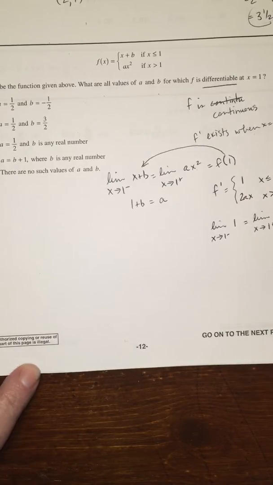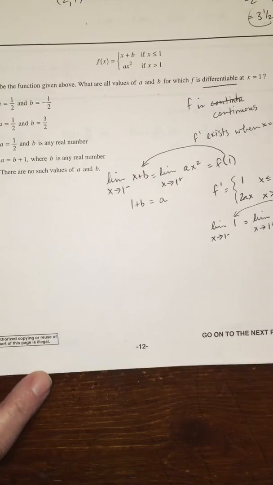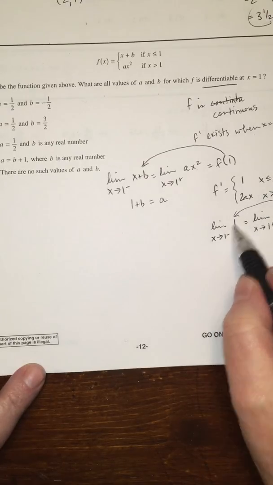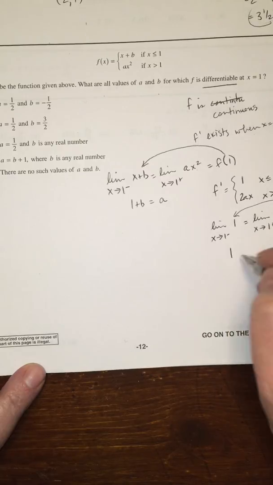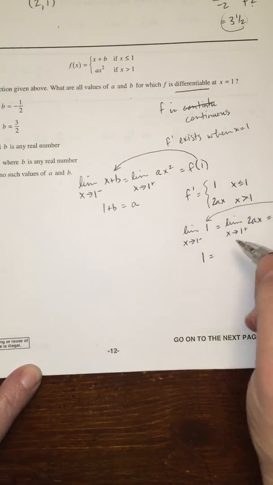And for continuity, that has to equal f prime at 1. But again, f prime at 1 and the limit from the left are the same thing because of the equal sign. So if I evaluate this limit, the limit of a constant is just the constant, and I evaluate this limit by substituting in the 1, and I get 2 times a times 1, or 2a.